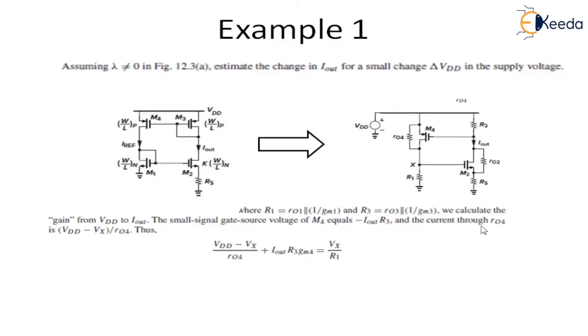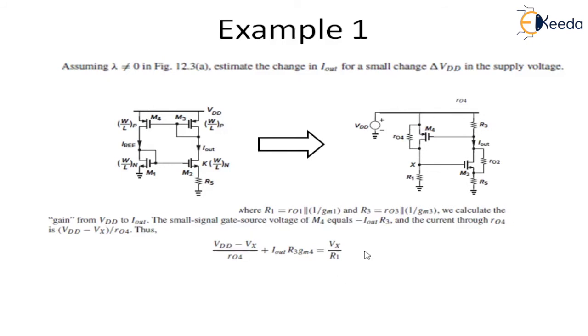The current through this RO4 is VDD minus Vx, that is this voltage drop minus this voltage drop, upon RO4. This is the current going through this RO4.